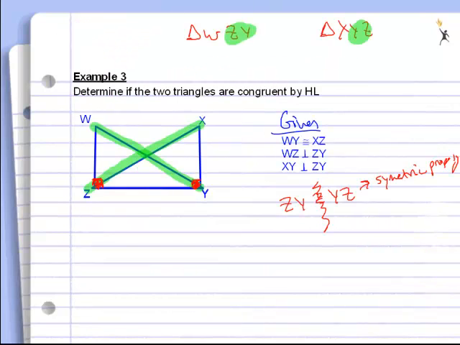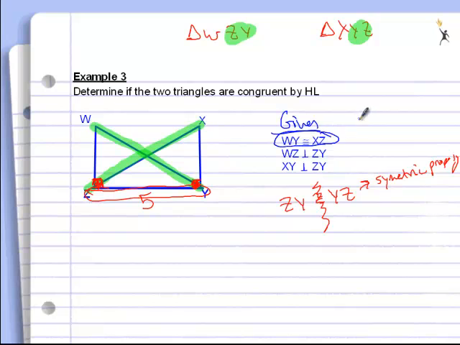Here, we're using the symmetric property, saying that ZY is congruent to YZ. It's the same length. If I look here, ZY or YZ is still the same distance. Maybe it's 5. They're both 5, so I can say that 5 is congruent to 5, or that ZY is congruent to YZ.